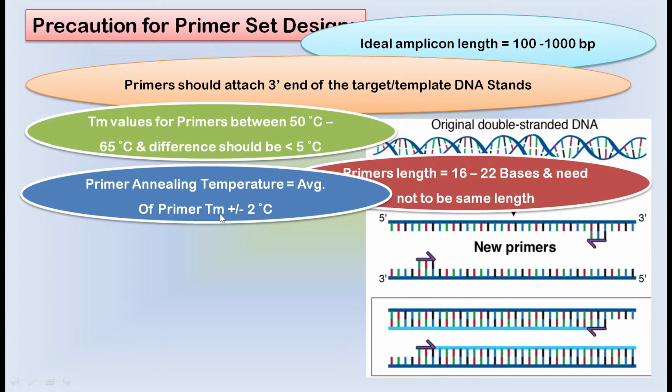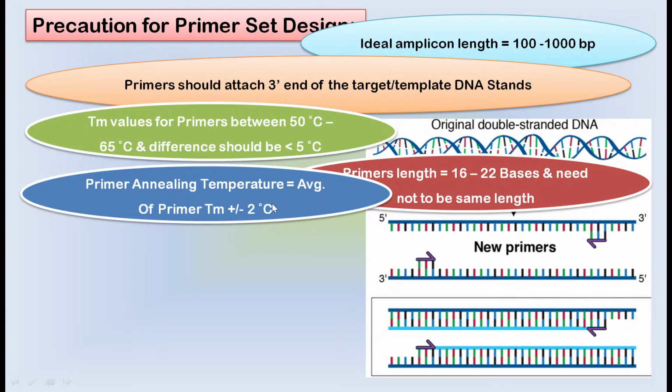Average of primer TM value. As I said earlier, both the primers need not have the same TM values. So if two primers have different TM values, just take the average of those two values and set plus or minus 2. For example, if one primer is 60 and another one is 62, then the average of 60 and 62 is 61.